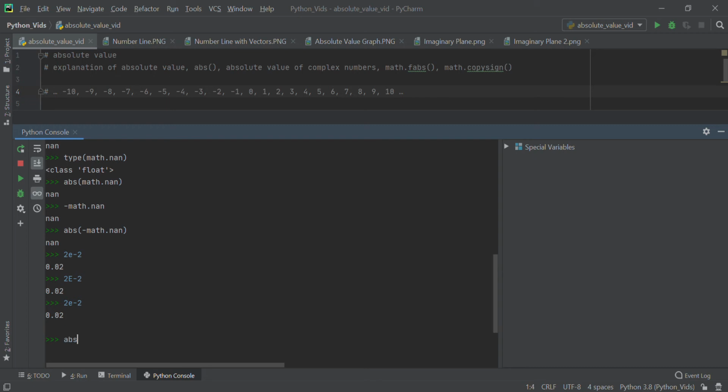What happens if you take the absolute value of that? Okay, well, it gives you the 0.02 again. You notice it does not return it to you in scientific notation. It just gives you this float value. It's not going to keep the scientific notation that you put in.